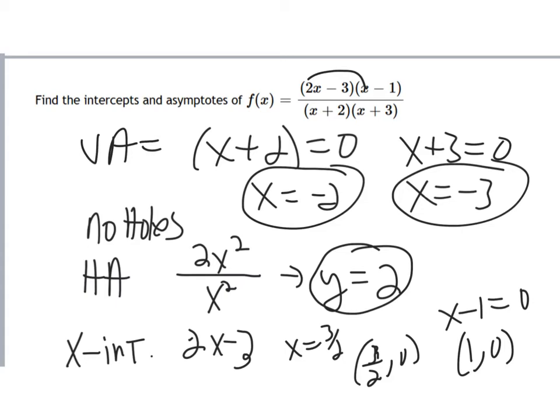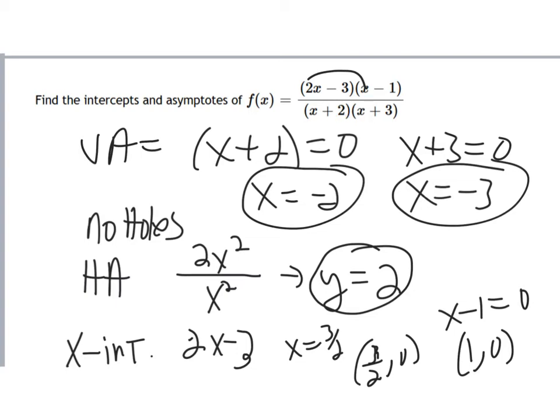Then the last thing we haven't really done yet in this video is find the y-intercept. The x-intercepts are where the function equals 0. You set this equal to 0 and ask where the numerator is equal to 0, because the denominator just gives the vertical asymptotes. As long as those are not 0, it can be any number.